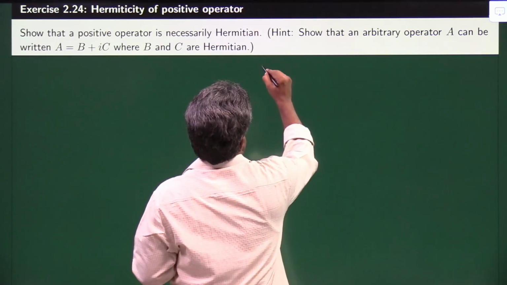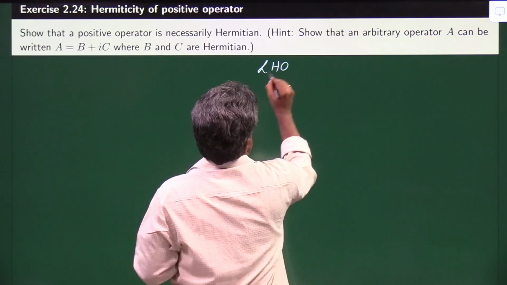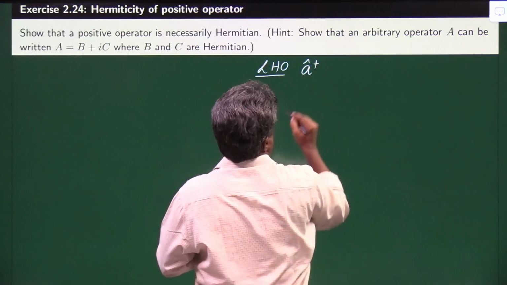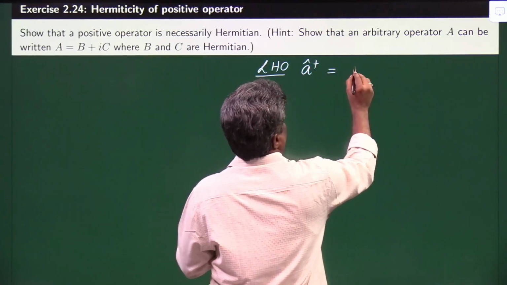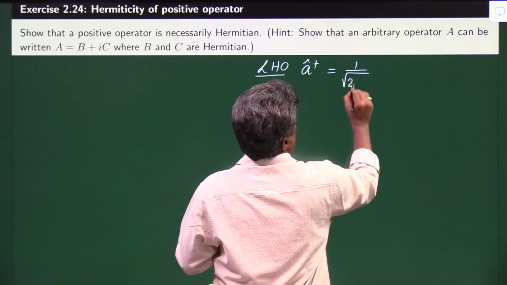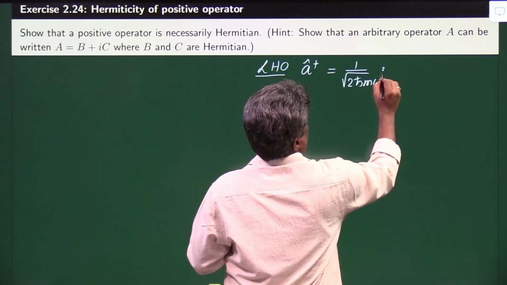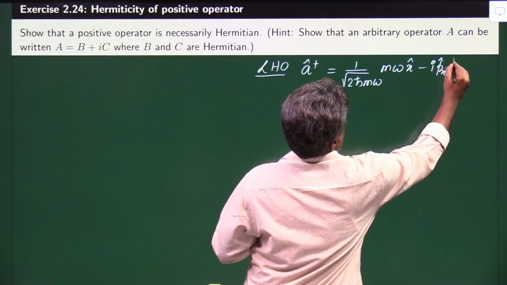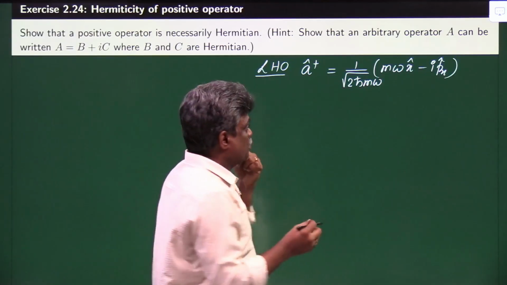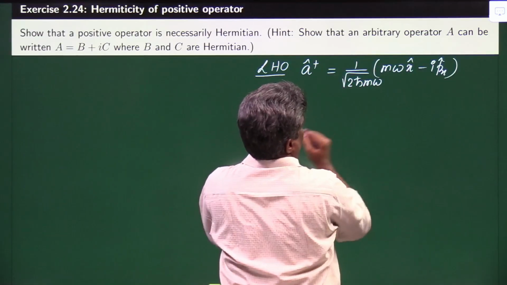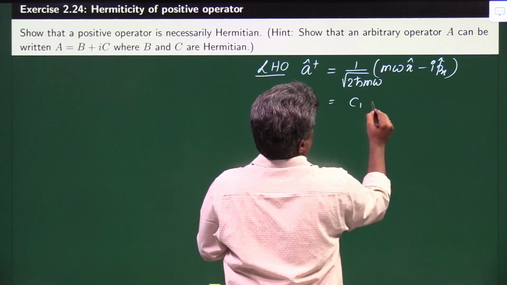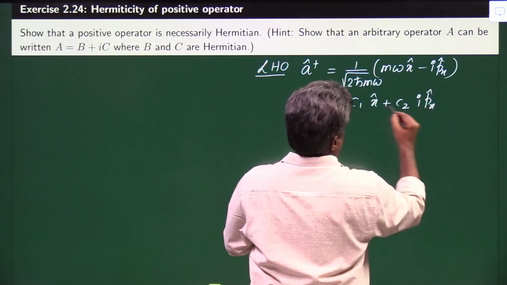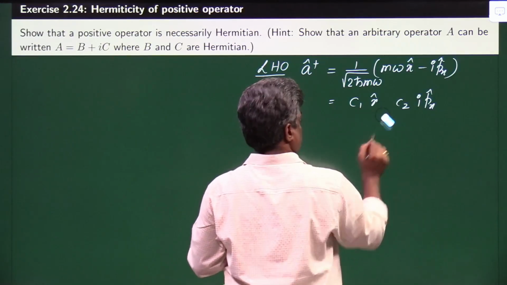For example, in the linear harmonic oscillator, we define the creation operator and the annihilation operator. The creation operator is 1 over root 2 h cross m omega times (m omega x minus i px cap). If you see, you can bring this constant out, so this is nothing but some c1 x cap plus c2 i px, or you can write minus also, it's not a problem.